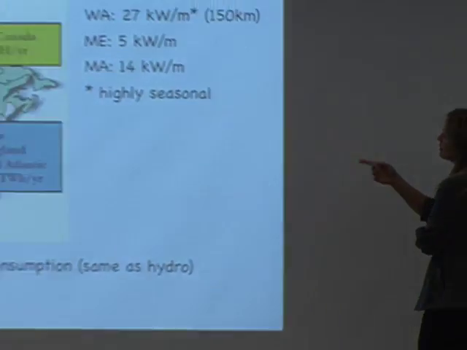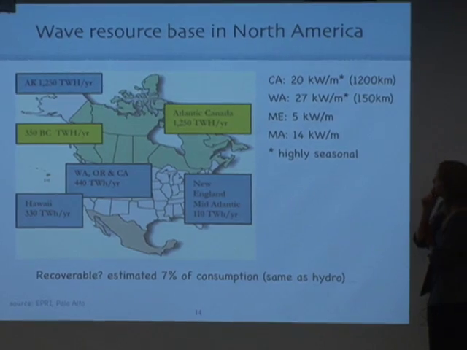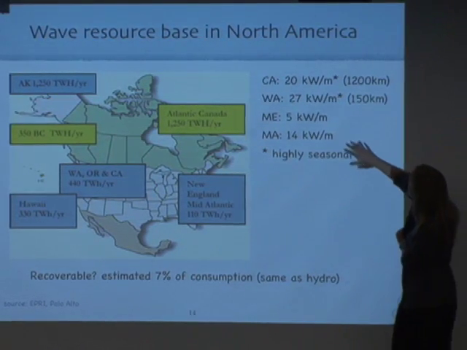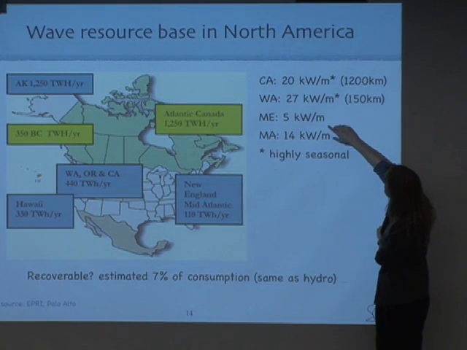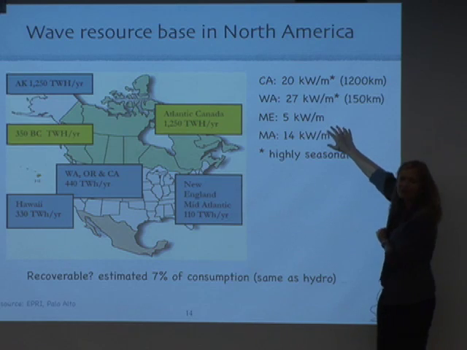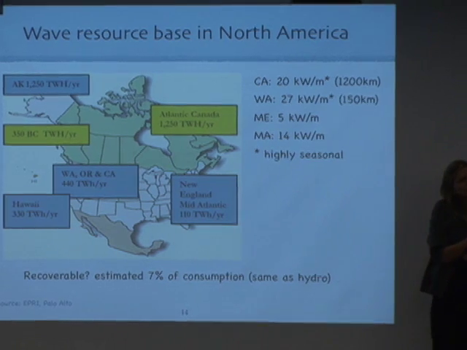So how about North America? Let's have a closer look. So this is the wave resource base in North America. In total, estimated in terawatt hours per year. Here are some of the numbers per crest length in the kilowatts that we talked about earlier. And we see there is a big difference between the West Coast and the East Coast. West Coast is pretty good.